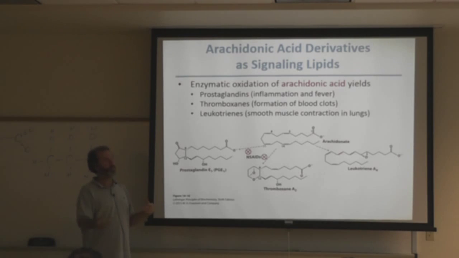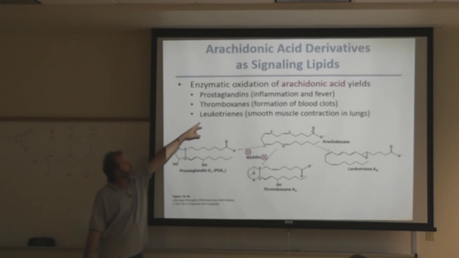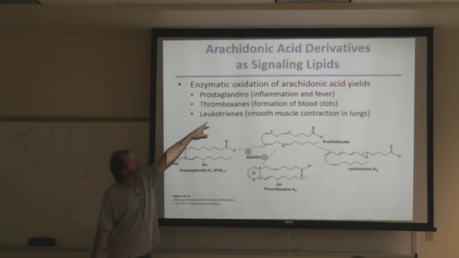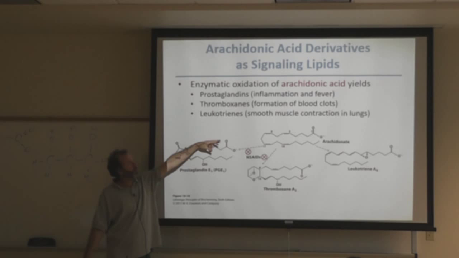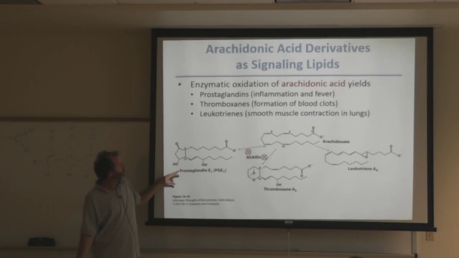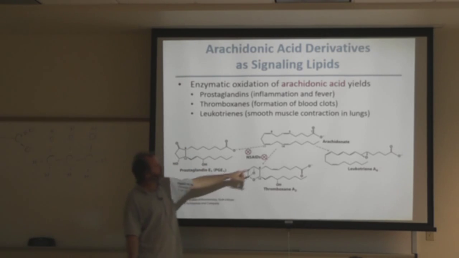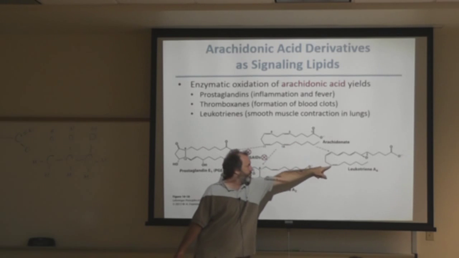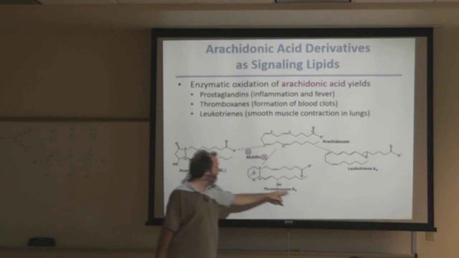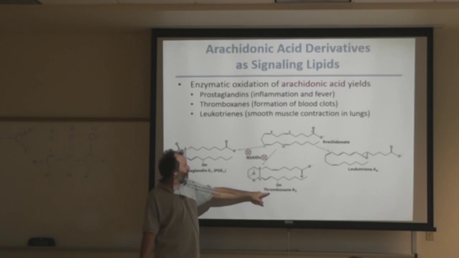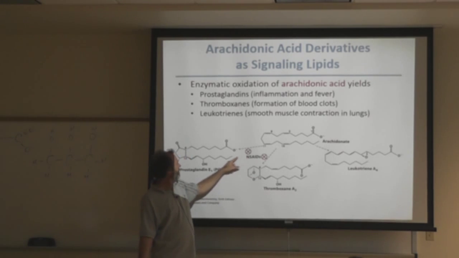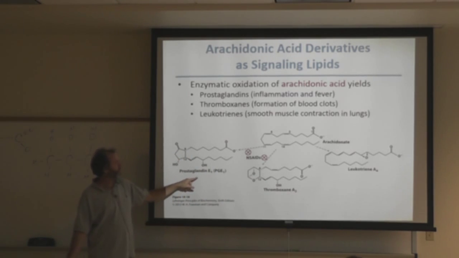So they're involved in inflammation and pain, and fever. Thromboxanes, formation of blood clots, and leukotrienes, smooth muscle contraction in lungs. So basically arachidonic acid is the precursor for leukotriene. It's also the precursor for thromboxane A2, and then also for prostaglandin E1.